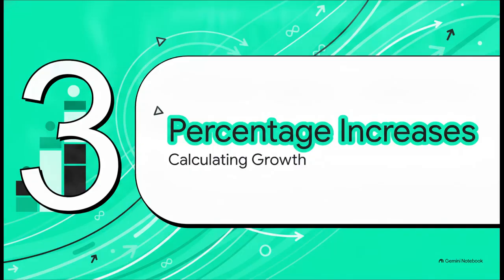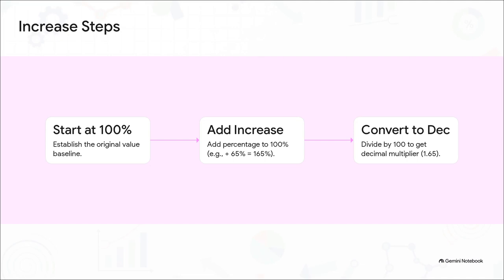Section 3. Percentage increases, calculating growth. Okay, let's walk through the logic here step by step, nice and easy. Remember our earlier example of a 65% increase? Step 1, you start at your baseline of 100%. Step 2, you add your increase to that baseline. So 100% plus 65% gives us 165%.